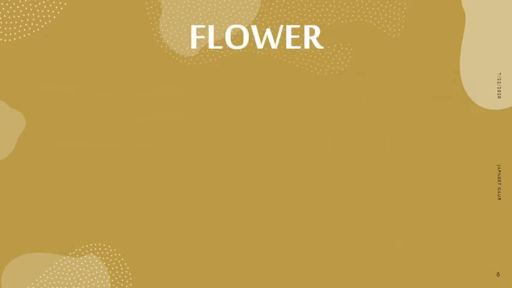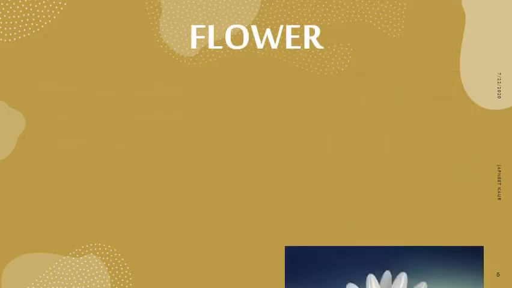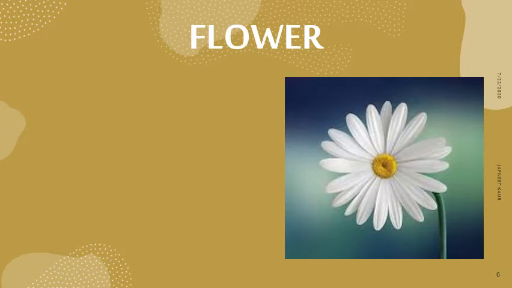Let's move on to the next part, which is flower. So this is how a flower looks, and every flower is different in shape, size and color. Don't think that this is the only flower; there are so many varieties of flowers.